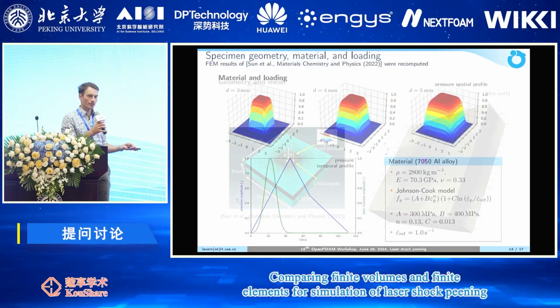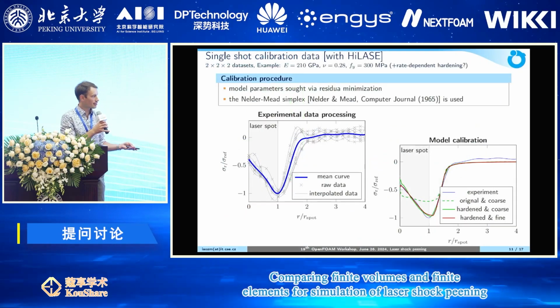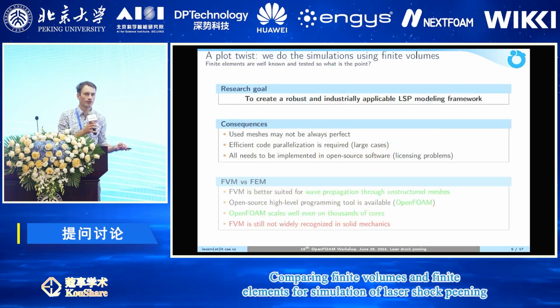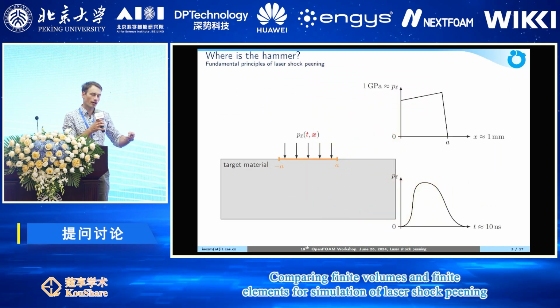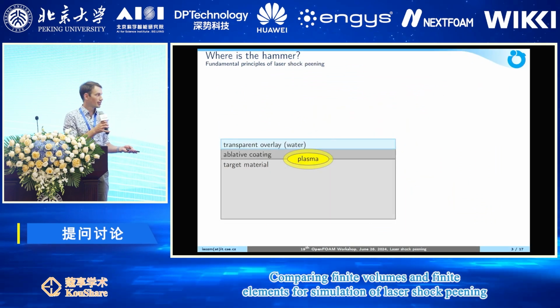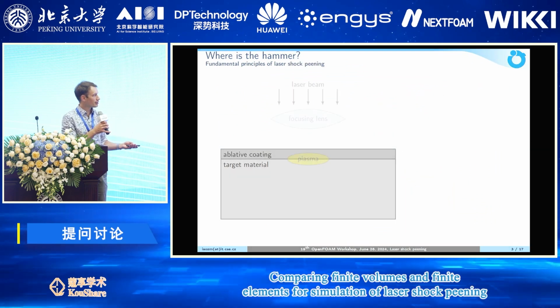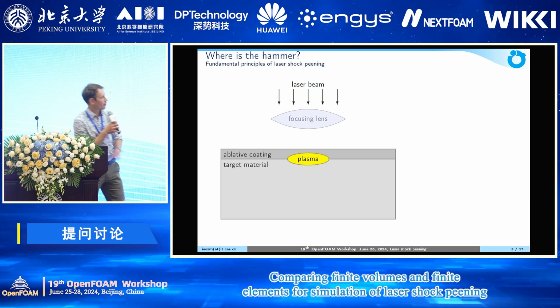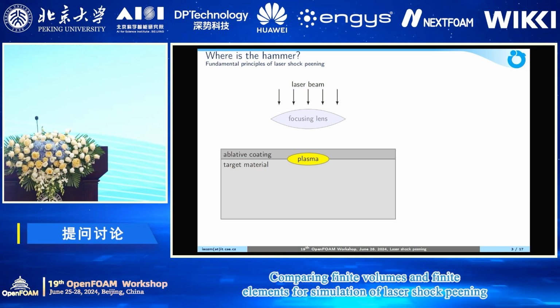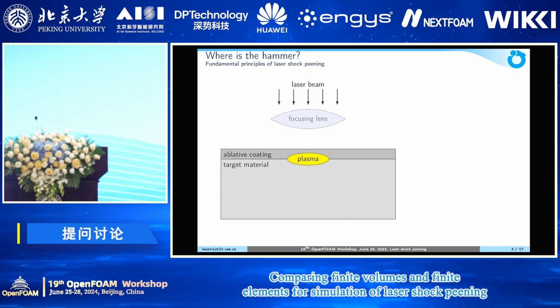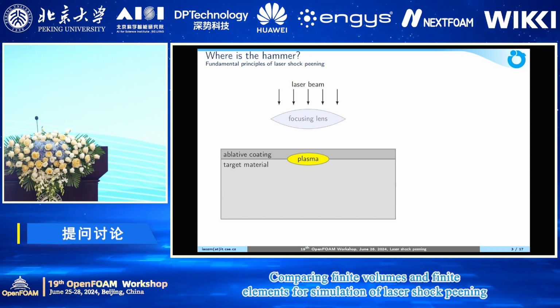The sacrificial layer is basically instantly evaporated, and there has actually even been research about how important thermal effects are in laser shock peening. The result is that we have this ablative coating, and once you hit it with the laser, it gets evaporated and partially converted to plasma.